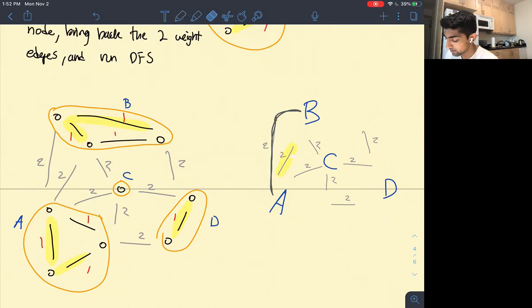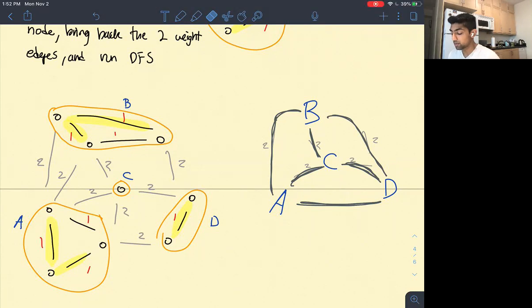Okay. So then we repeat this process, and let's say that we end up with this graph, right? And we can ignore these other edges because they're a little redundant.